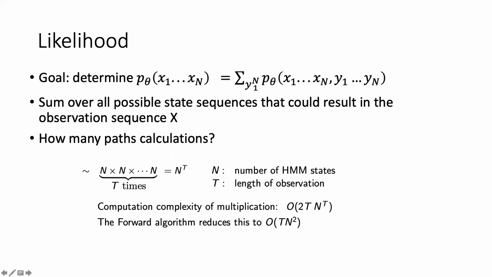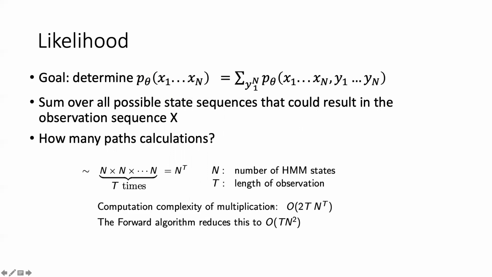So let's consider an HMM with n states, and the length of the observation is t. In this case, the number of computations involved is of order t times n to the power t.